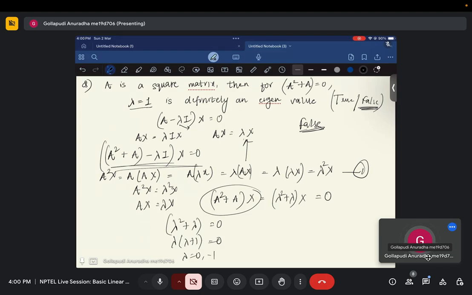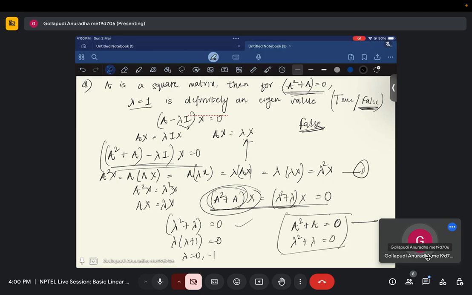Okay, so I hope this is clear. We were given the equation A square plus A is equal to 0, and we got that this can be written in this form, and this is going to be 0 as given here. So lambda square plus lambda is going to be 0 here. So we'll get 0 and minus 1. One important thing to note here is that if you're getting an equation for some matrix multiplication, you can write it in terms of eigenvalues also.